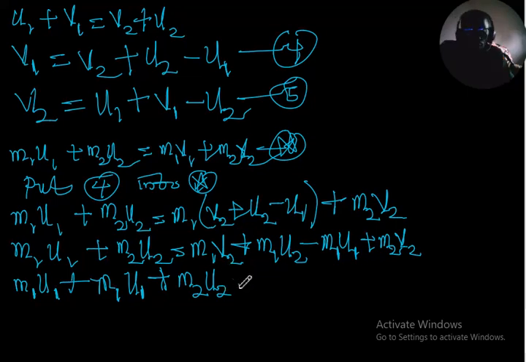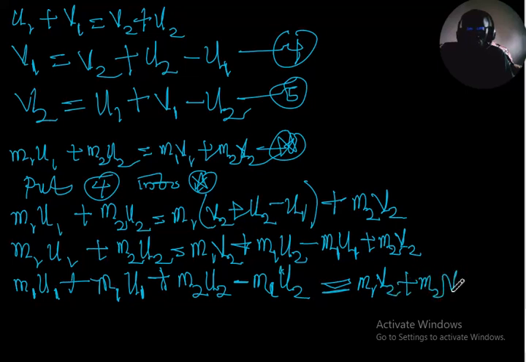There's still another one, minus m1 u2, because this is coming over, minus m1 u2. Everything equals the v terms that are left, which is m1 v2 plus m2 v2.